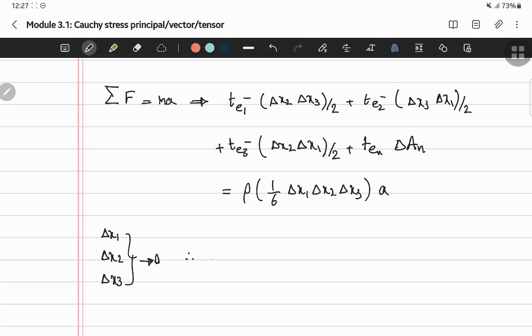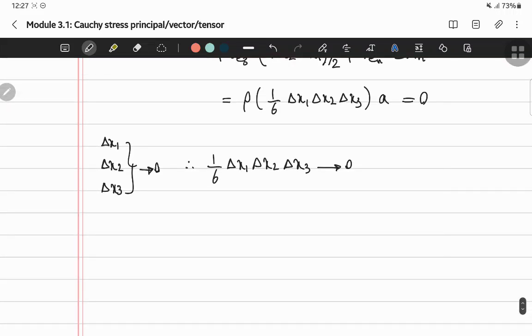So we can say that 1/6 del x1, del x2, del x3 goes to 0 faster than these terms in here. All right, so we can assume this to be 0.